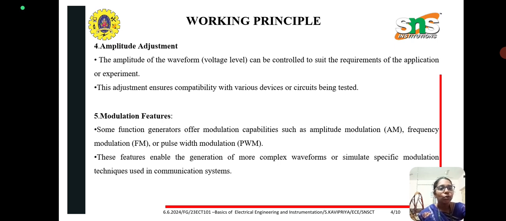And next is the modulation features. Some function generators offer modulation capabilities such as AM, FM or pulse width modulation: amplitude modulation, frequency modulation or pulse width modulation. This feature enables the generation of more complex waveforms or simulates specific modulation techniques in communication systems.